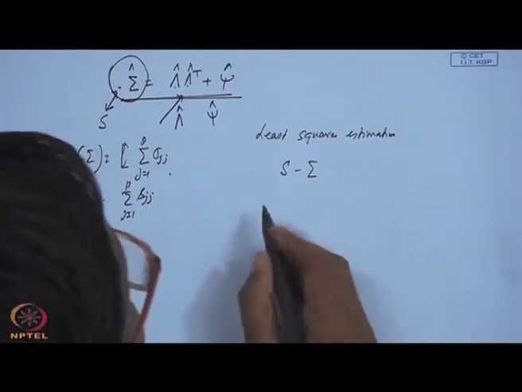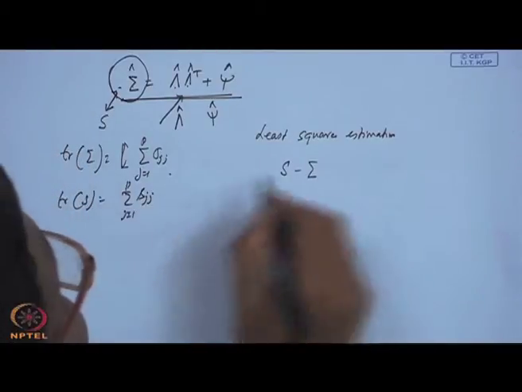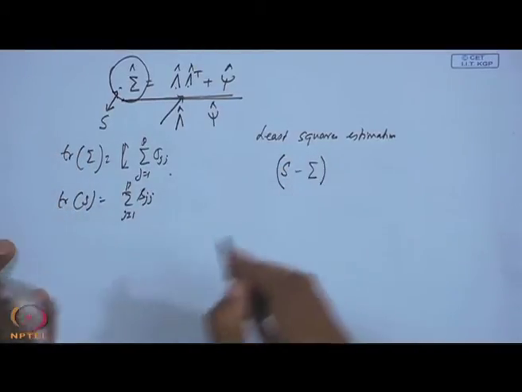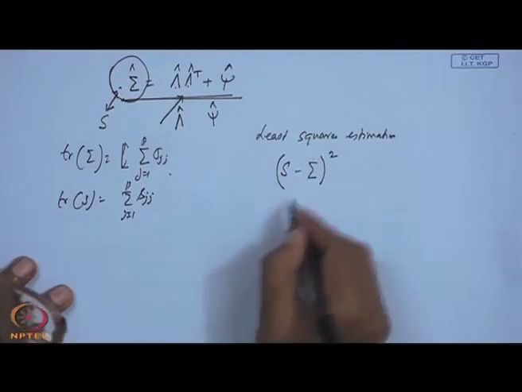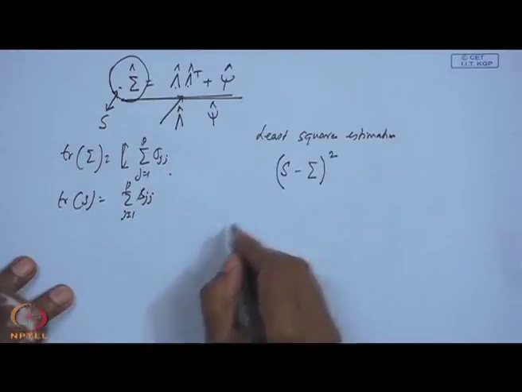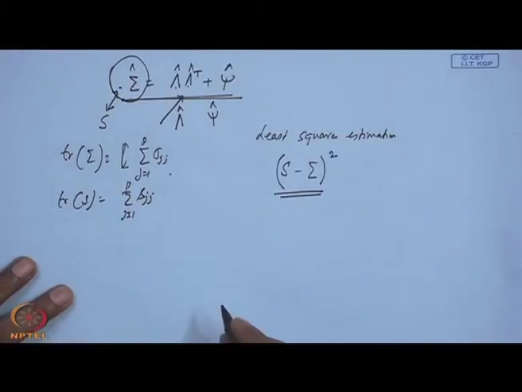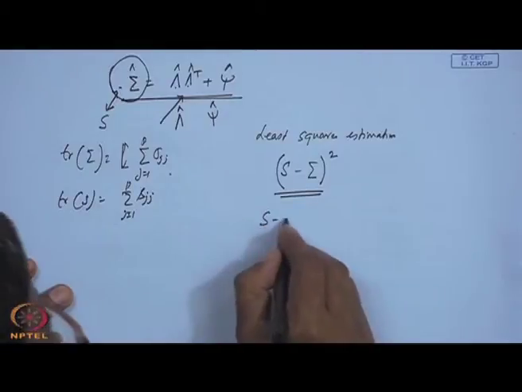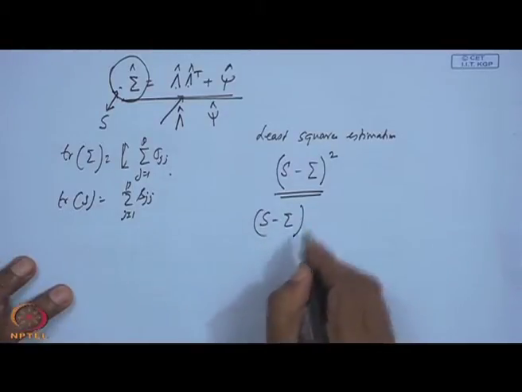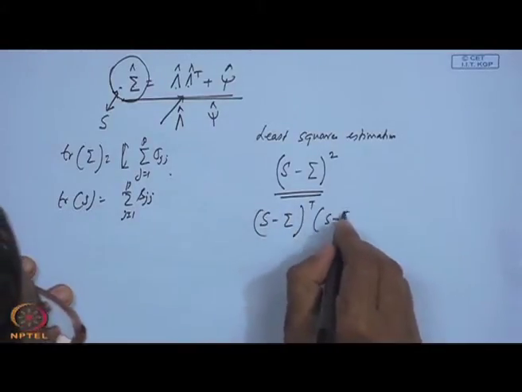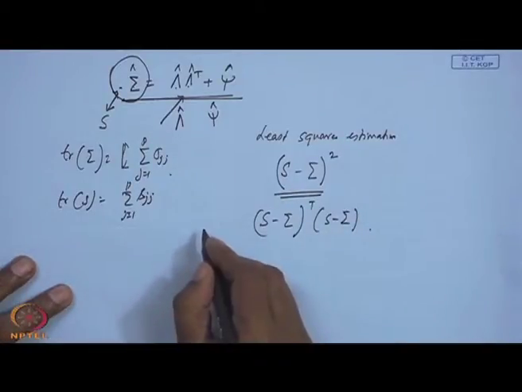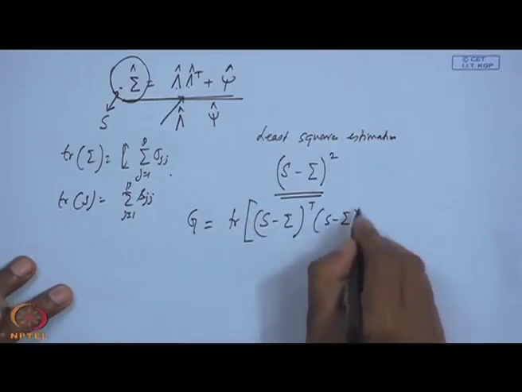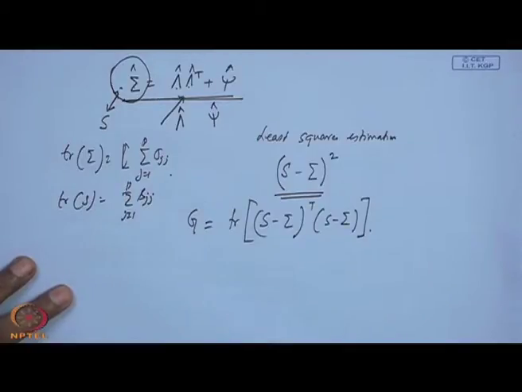Here, as we are interested in the variance component, we consider the sum of squared errors like this, in the matrix domain. So, this will be like this, and then we minimize a function g, which is trace of this.